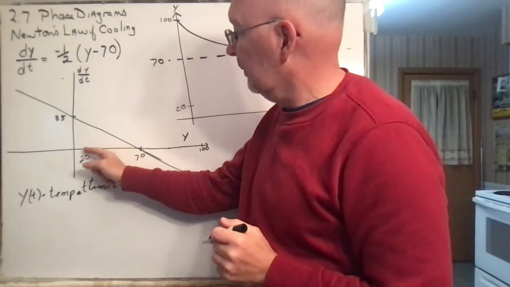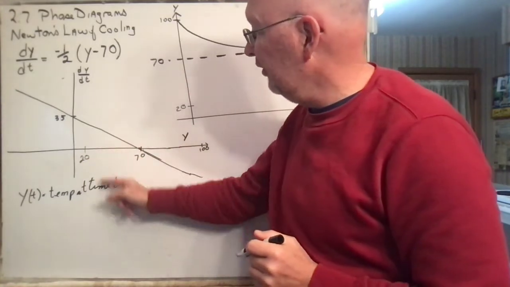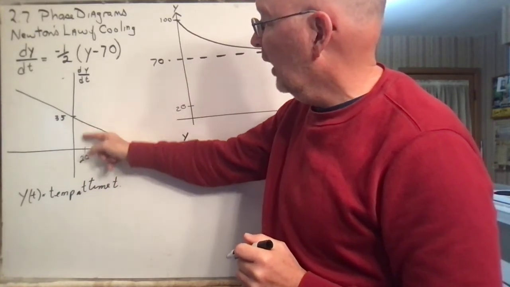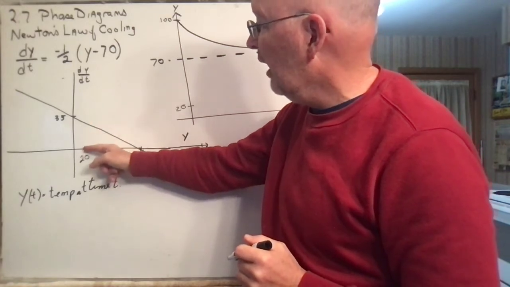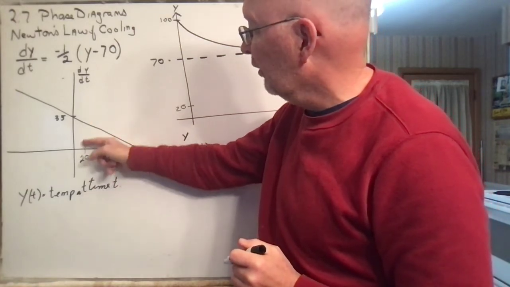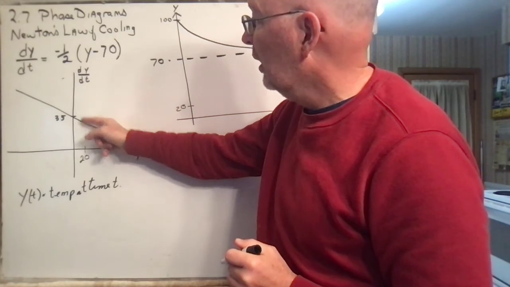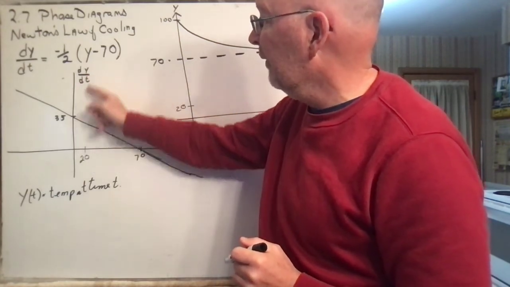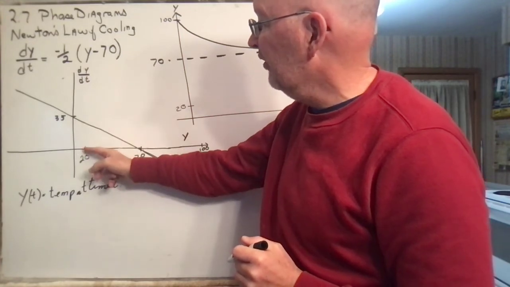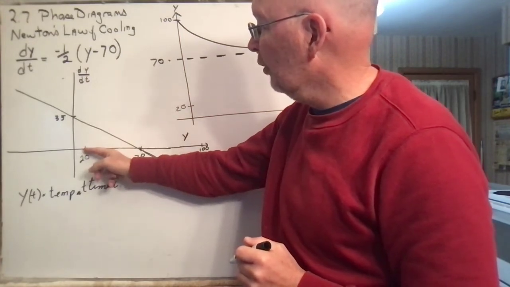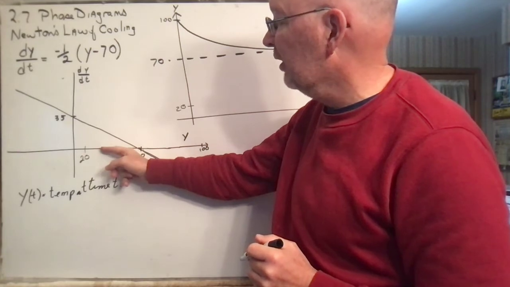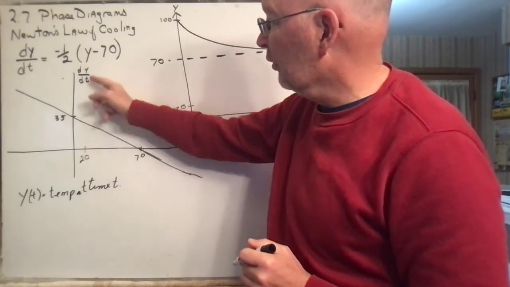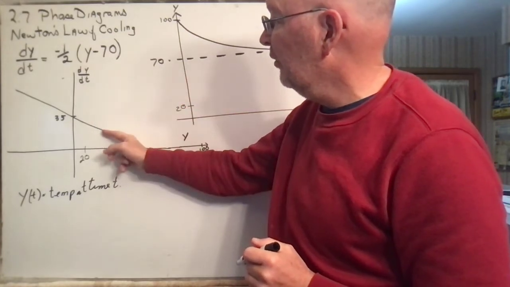Now what does this graph say? Well, here's your y, the temperature, and I look to see how y has to change. Now instead of looking down, I go straight up, and I say, dy/dt is now a positive number. Since the derivative is positive, that means that y has to increase. So I have to start moving in this direction. As I move, I have to continue to increase because dy/dt stays positive.